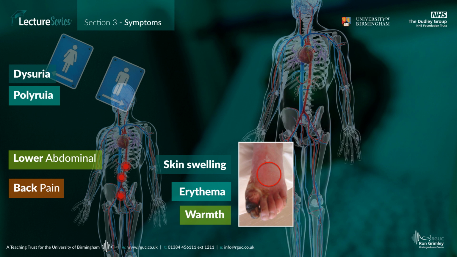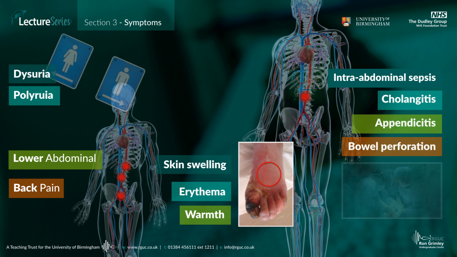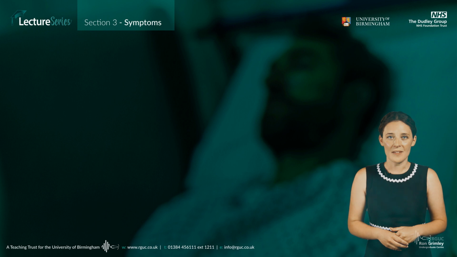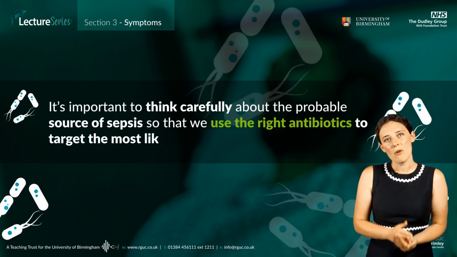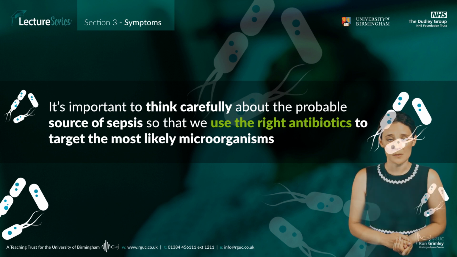There are also a number of intra-abdominal causes of sepsis, such as cholangitis, appendicitis, and bowel perforation, all of which require surgery. It's important to think carefully about the probable source of sepsis so we can use the right antibiotics to target the most likely microorganisms.